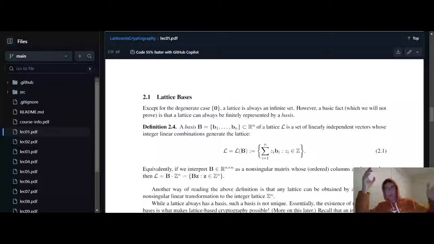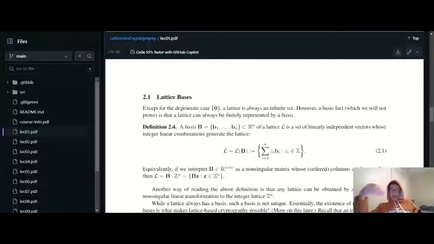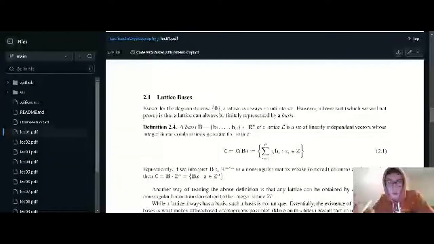We just saw that in the example of taking all integers: that lattice spans infinity. Whereas here we can say that we can represent a lattice with a basis to make it finite. So that's all I was trying to say here.